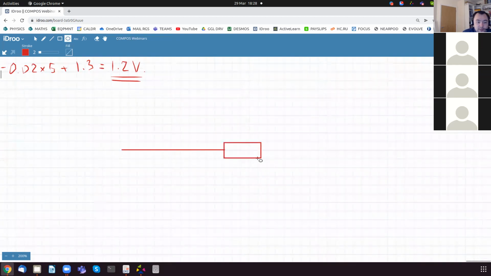There's a resistor, then there's a lamp, and then it's connected to a battery, and then it's connected to the ground.